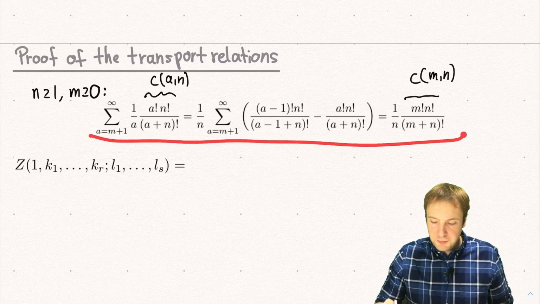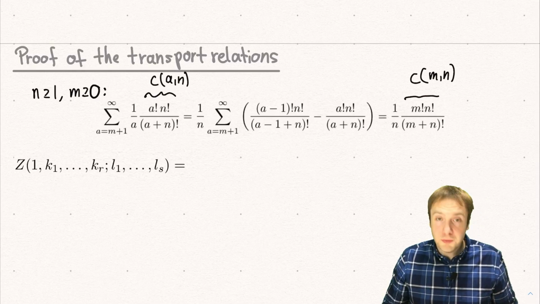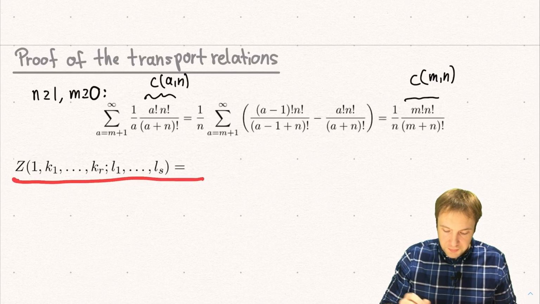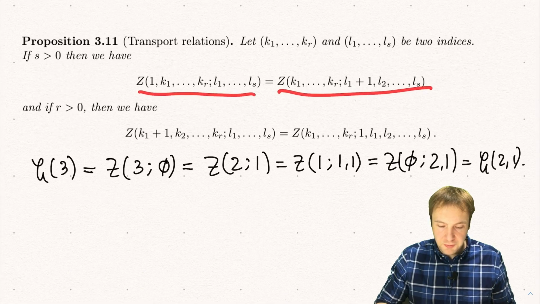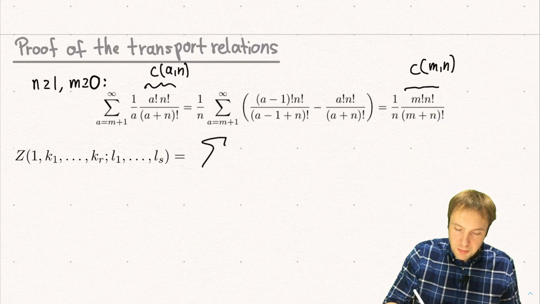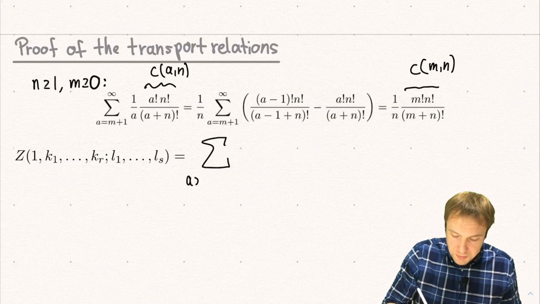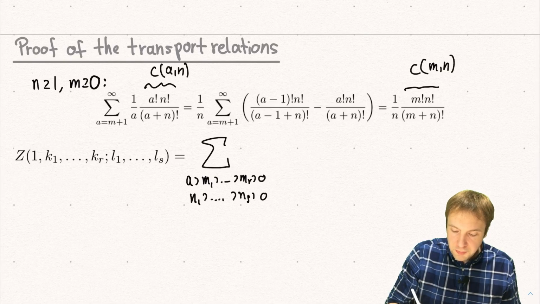Okay, so we have this equality here, and now we want to use this to prove the first transport relation. So we want to prove that this equals this. So let's just calculate what this is. By definition, this one here, I will call it A, m1 up to mr greater than 0, and here I have n1 up to ns greater than 0.